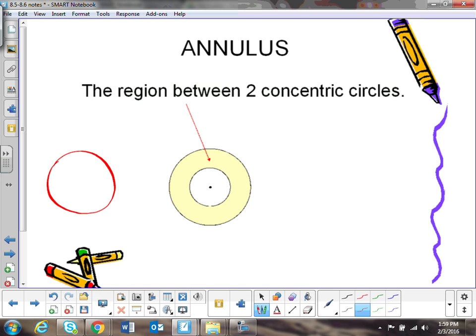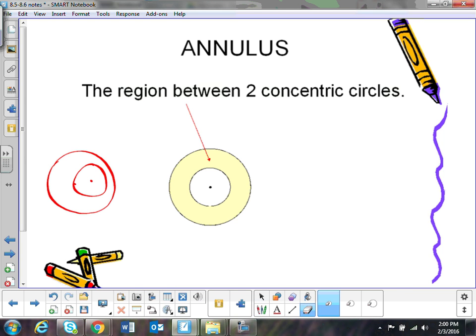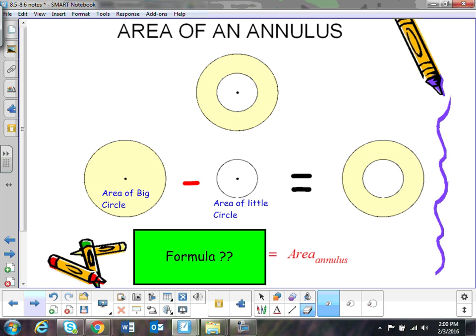It's something like this. If it's over here, that's different. Because the center of the big one is probably about right there, and then that one's there. So you just have to do it the other way. It's pretty easy still. You'll take the area of the big circle and minus the area of the little circle.